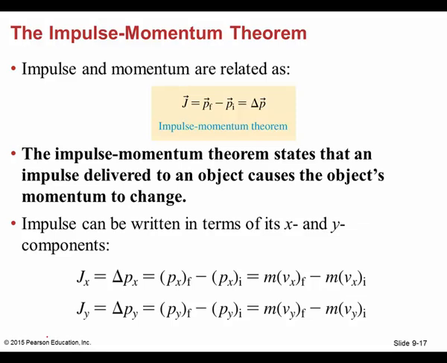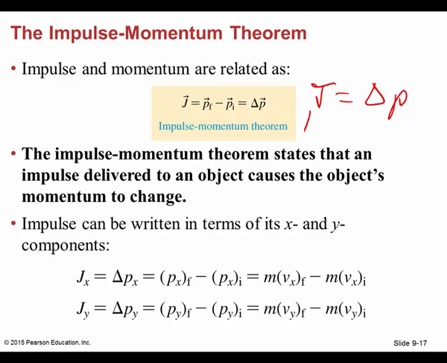Now, okay, so when we look at the equations of impulse and relate it to momentum, what can we say? We can say then that impulse is equal to the change in momentum. In other words, what are we saying? That it is the time interval at which a force is applied, an average force is applied.